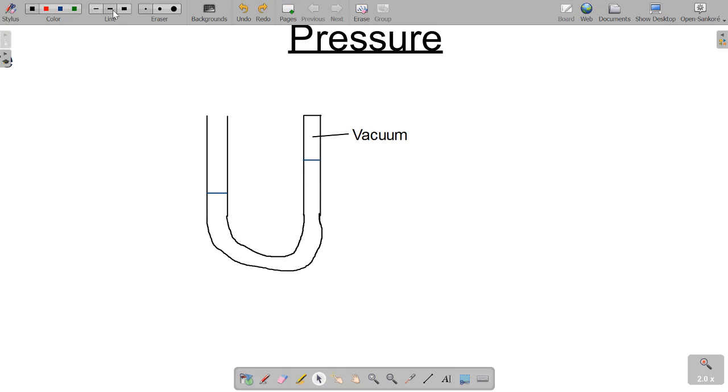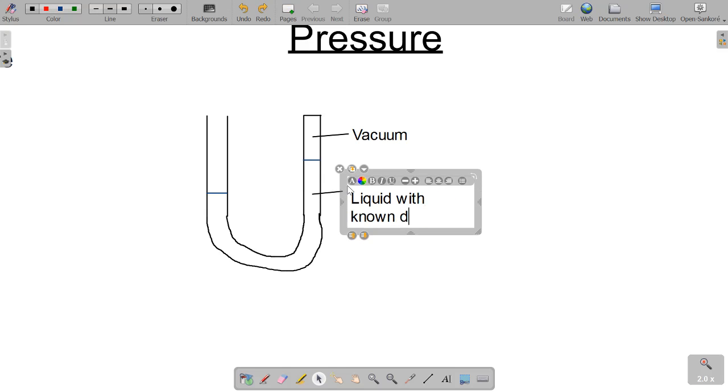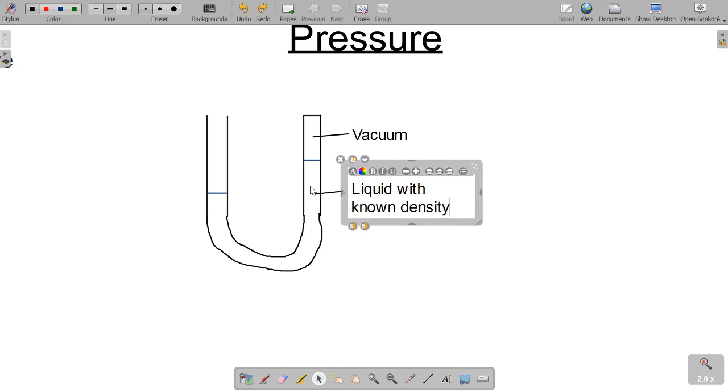Here we have a liquid with known density. This is normally water or mercury, most of the time actually mercury.